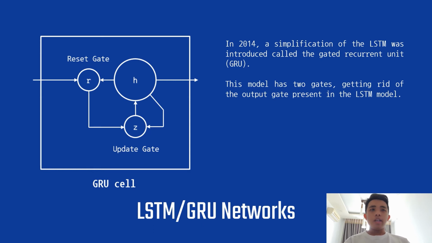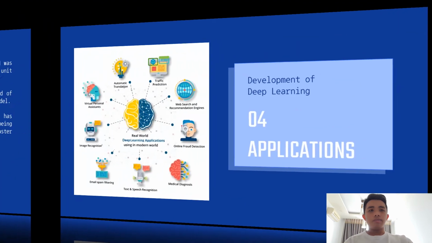For many applications, the GRU has performance similar to the LSTM, but being simpler means fewer weights and faster execution. However, the LSTM can be more expressive, and with more data it can lead to better results.